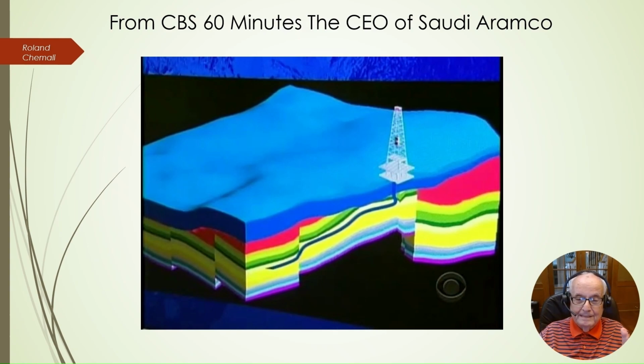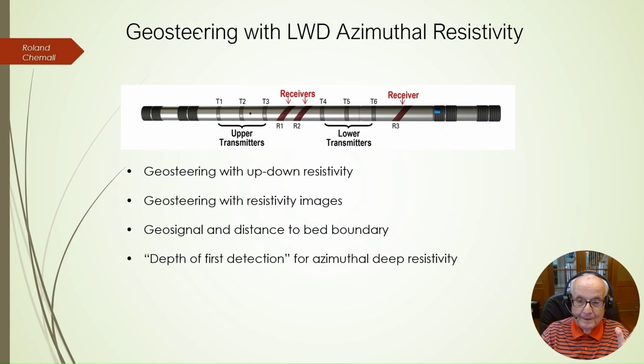So here you have it, 10 times more oil because they follow the reservoir, which is a layman way of saying geosteering. Geosteering with resistivity is done through LWD azimuthal. LWD because you need to react in real time. And azimuthal is because this is the most effective way of seeing boundaries.